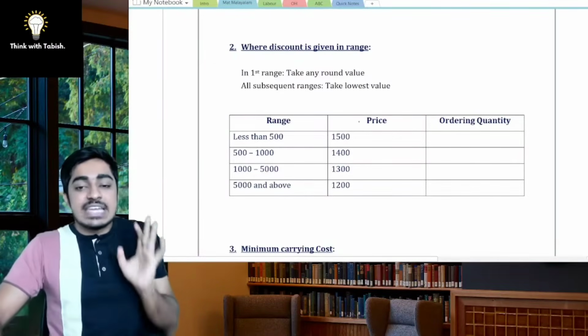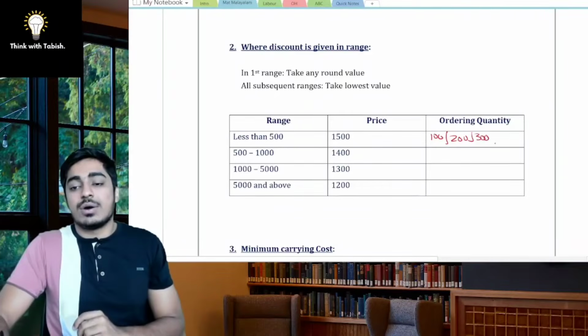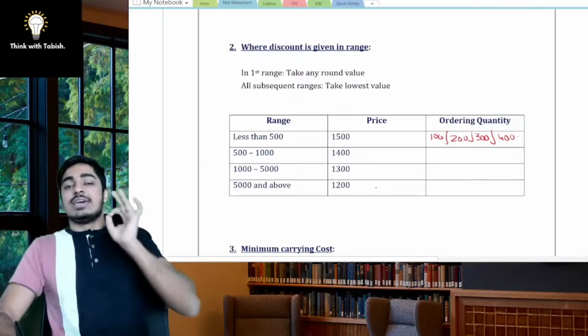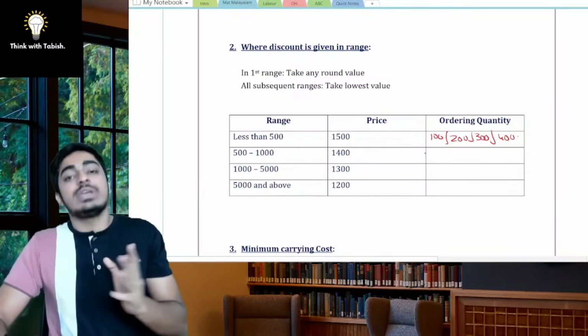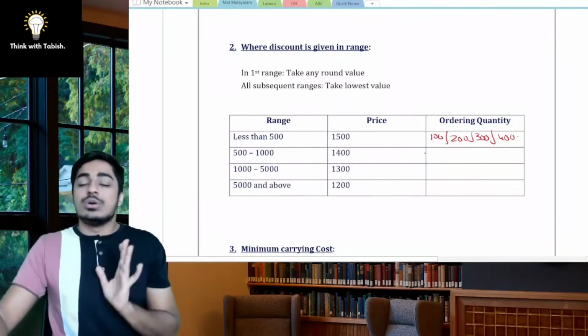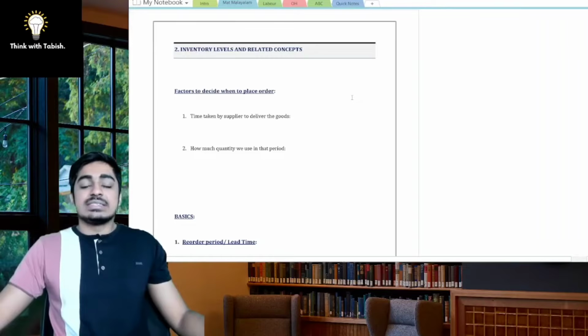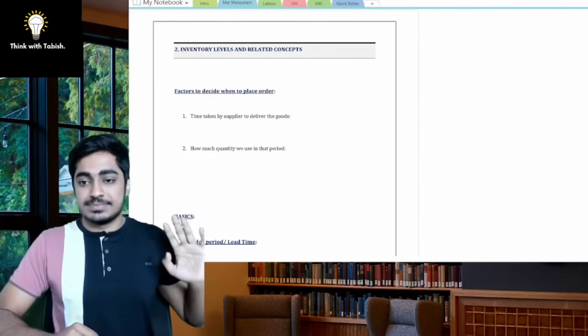Say it is less than 500, I can take 100, 200, 300 or 400. But in all subsequent ranges, we will be taking the lowest value. That is what ICAI is following, and that is what we will also be following to get proper marks in the examination. Then this is the first concept, EOQ and related concepts. Clear?